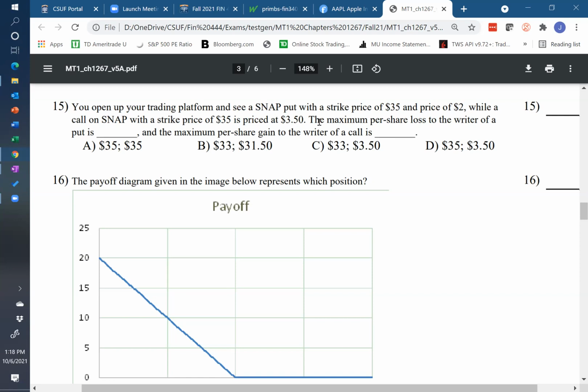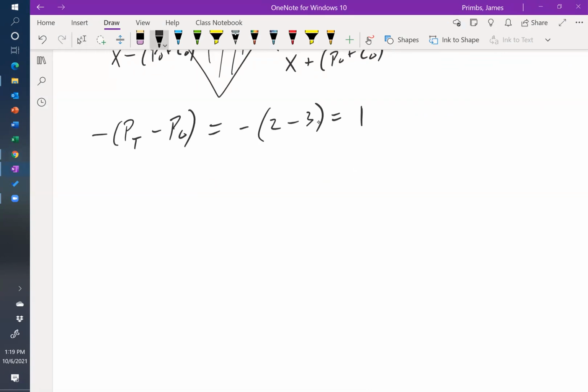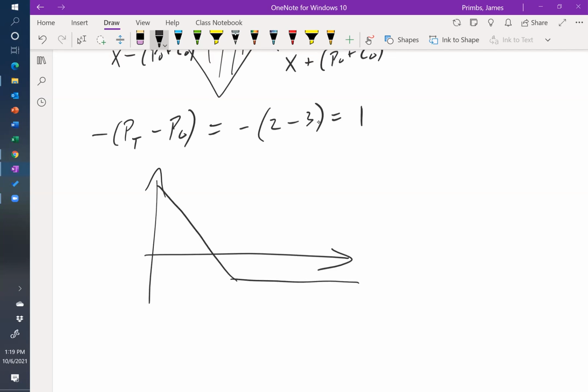Then we have to go to the maximum per share loss to the writer of the put. What is worst case scenario for a put? If you're the writer of a put. So if you're long a put, it's going to be like that. If you're the writer of a put, it's like that. And worst case is when the stock goes to 0.